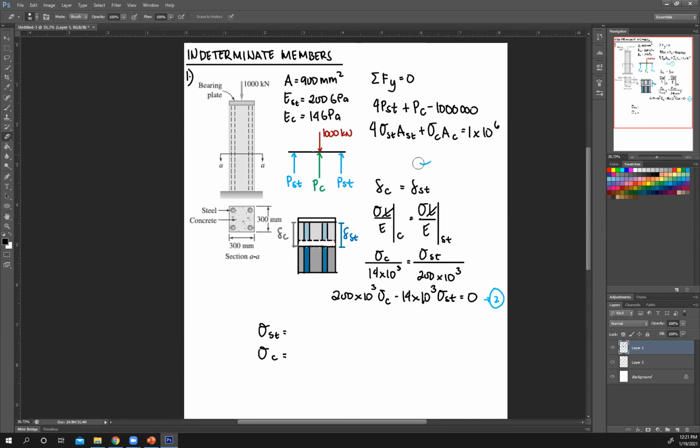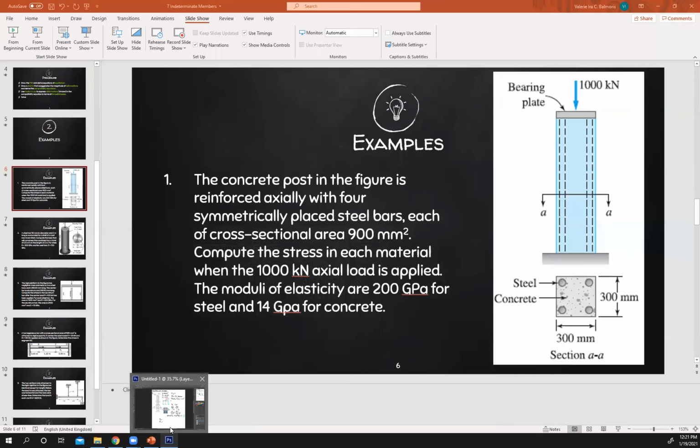Actually, let me write that. Sigma ST times 4 times area of your steel member, this cross-sectional area. Okay, it's a circle, therefore times pi over 4, wait, I think it's given.